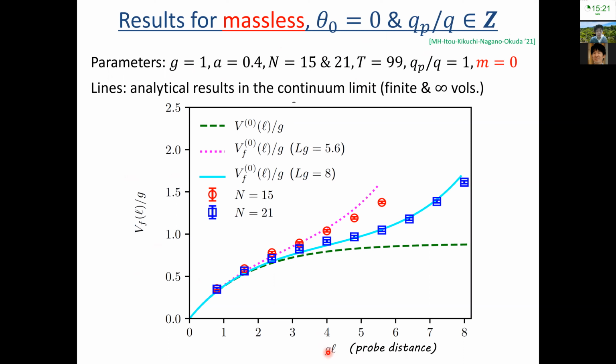And this is the result of the string tension. We are plotting the string tension, or slope of the linear behavior, as a function of probe charge. And the blue symbol is our result, and the green line is the result of classical analysis. And the blue region is the result of mass perturbation theory for finite volume.